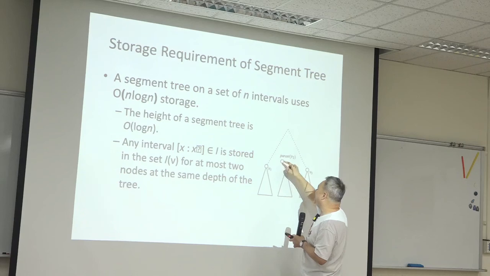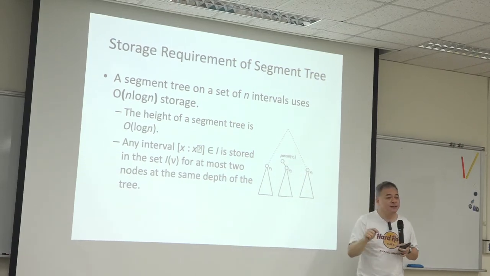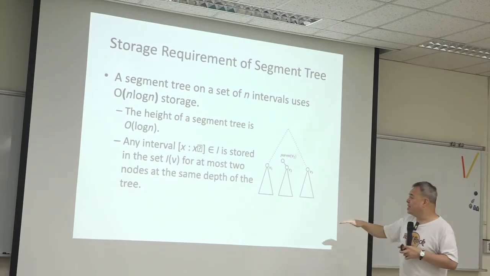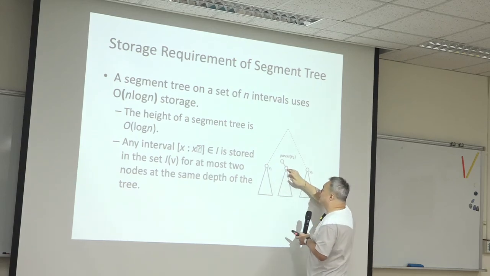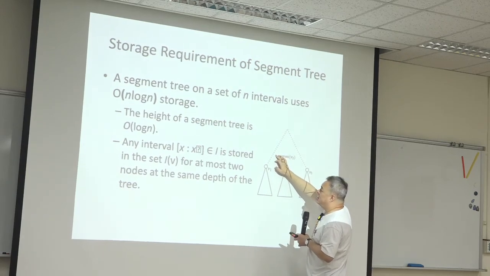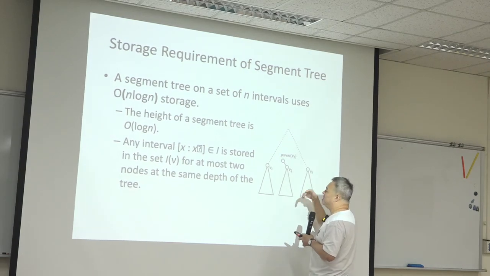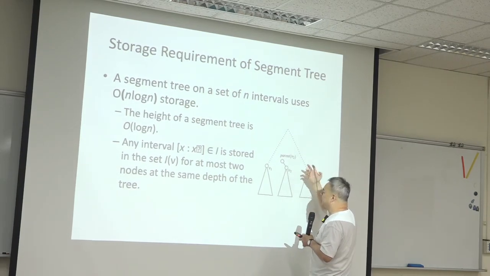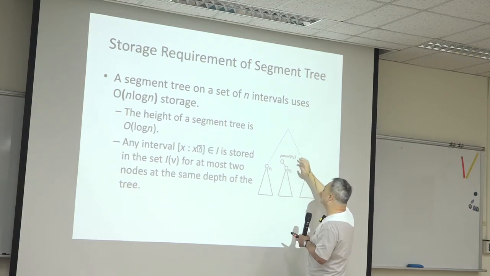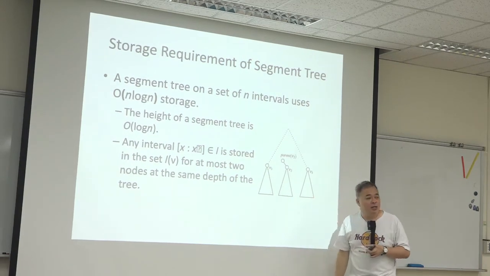We should get rid of I from V1 and V2 and store I at the parent. If V2 and V3 share the same parent, then by a similar argument, we should get rid of I from V2 and V3 and store I at the parent.